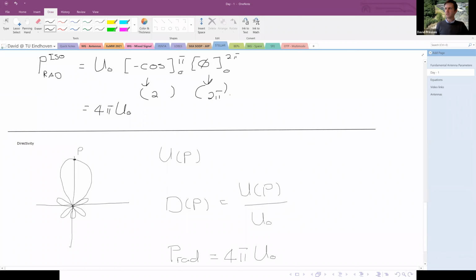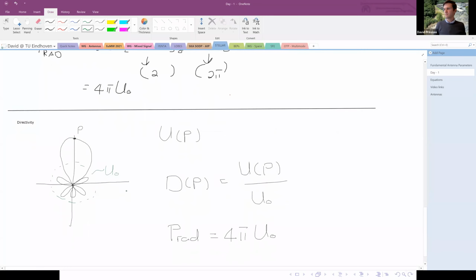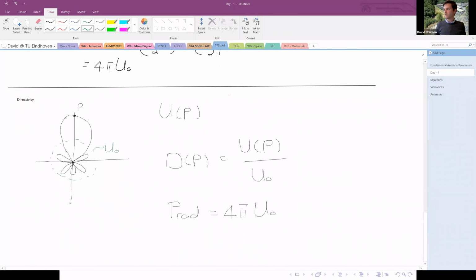So we can define an equivalent isotropically radiated power of this antenna, so the power averaged over all angles. This would then be U0 for that specific antenna. So therefore we can replace this U0. We know that U0 is equal to the total radiated power divided by 4 pi.